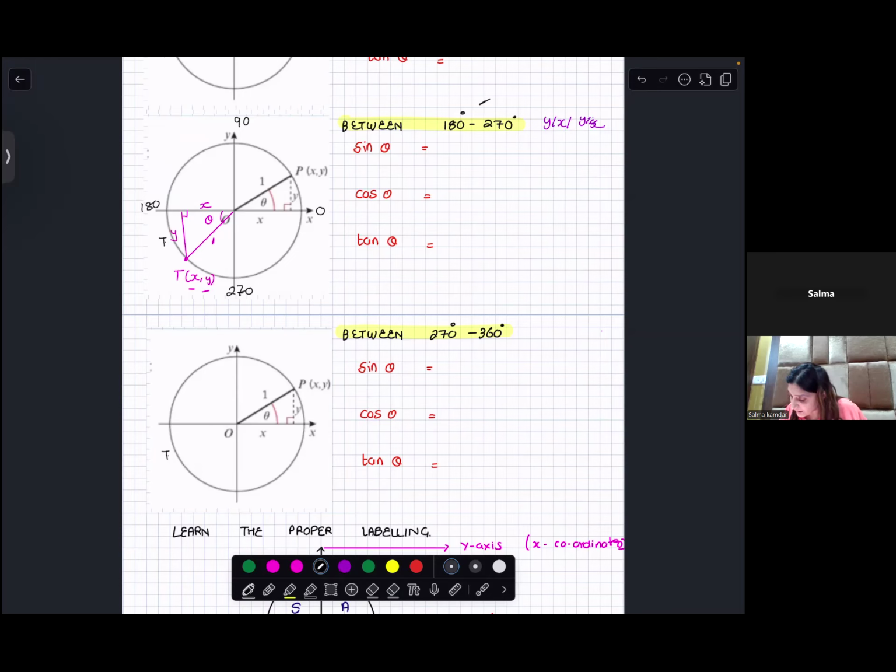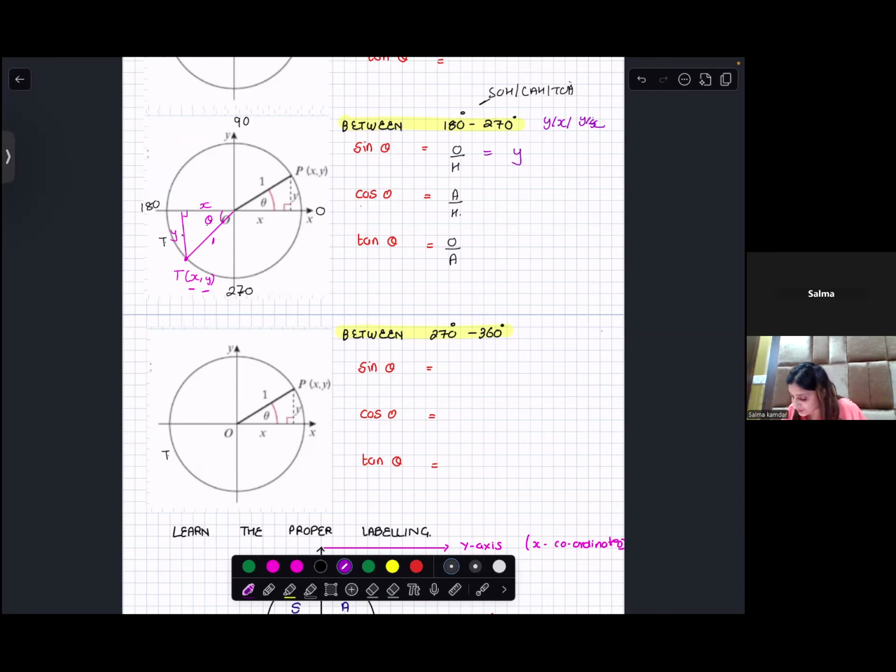It is SOH CAH TOA. So it is opposite upon hypotenuse, adjacent upon hypotenuse, and opposite upon adjacent. If I look at opposite over the hypotenuse, theta, the opposite is y.